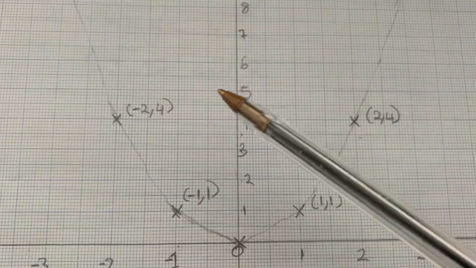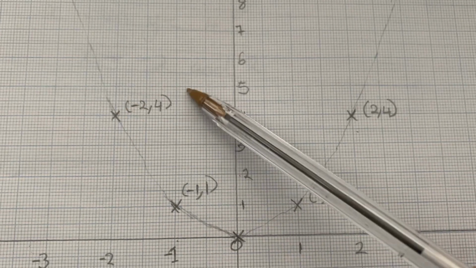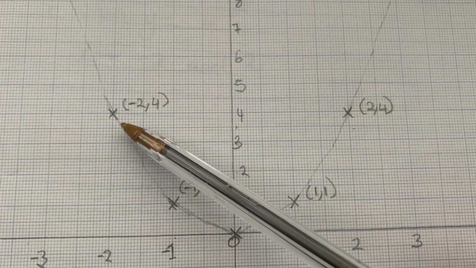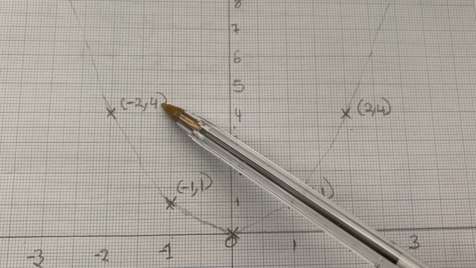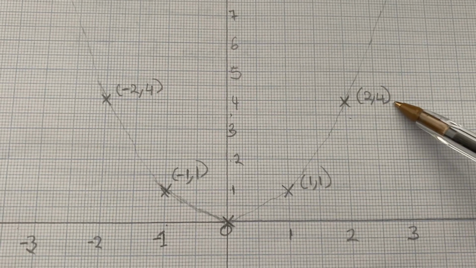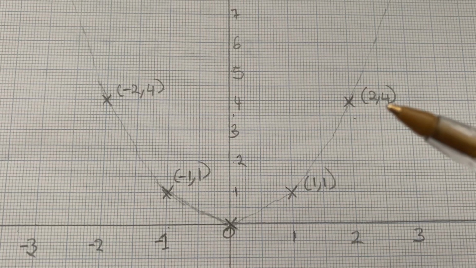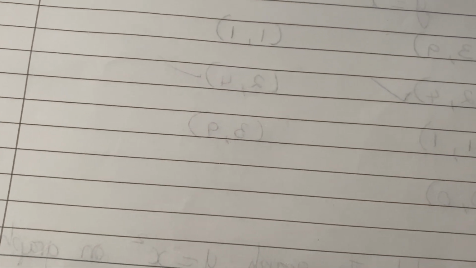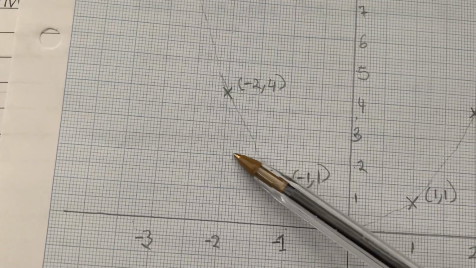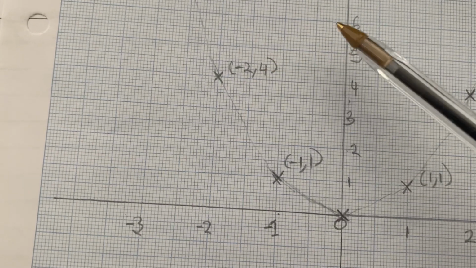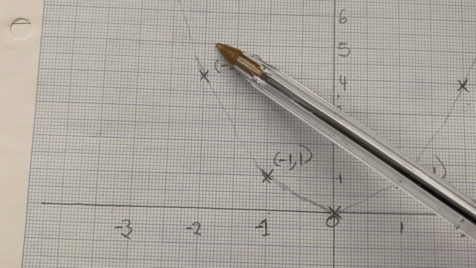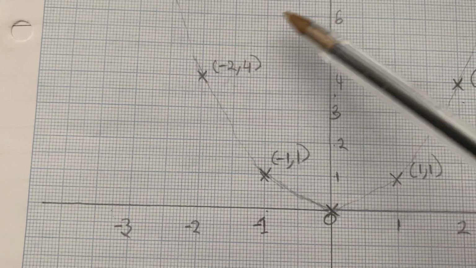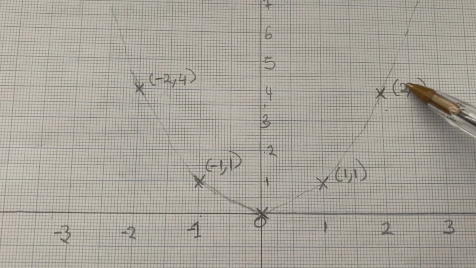Assuming they ask you to give the coordinates, those are the coordinates: minus 2, 4, and 2, 4. But they are asking what are the two values? So they are not asking us for coordinates, they are asking us for the values of x. So one value of x is minus 2, and the other value is 2.